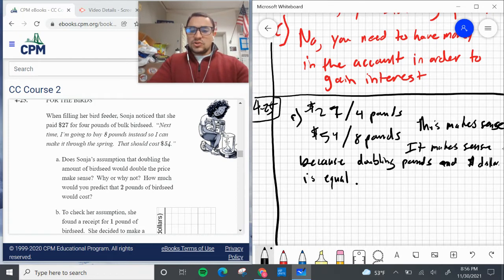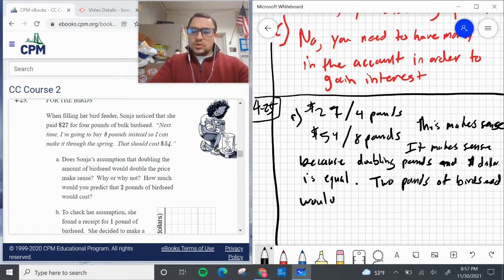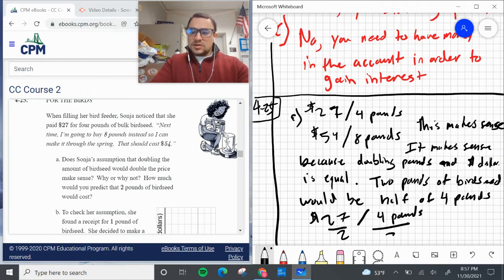How much would you predict that 2 pounds of birdseed will cost? So 2 pounds of birdseed would be half of 4 pounds. So 27 divided by 2, and when that's 4 pounds, you're going to divide that by 2.